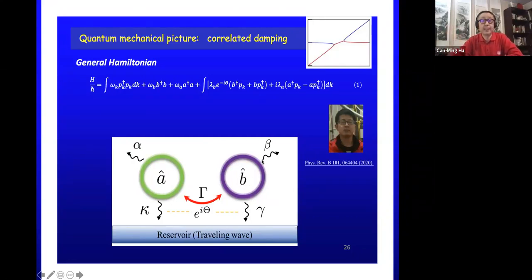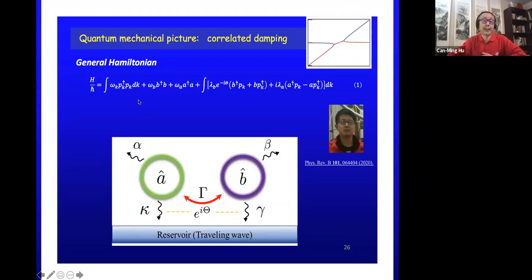Now for simplicity, if you completely neglect the coherent coupling between the Kvt mode and the magnon mode, you put them in the node position, for example, then the coupling you have is that both the standing wave and the magnon modes couple to the traveling wave. The traveling wave takes away energy from your system, and you can describe it using this coupling rate.